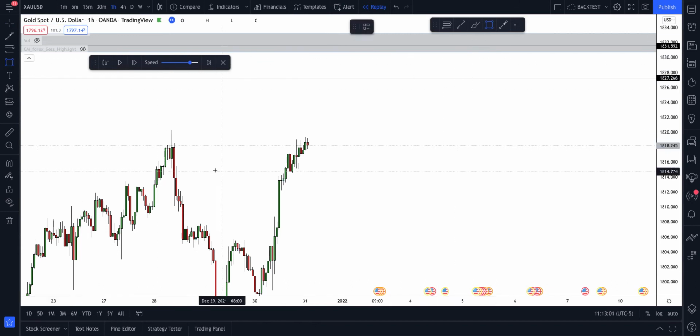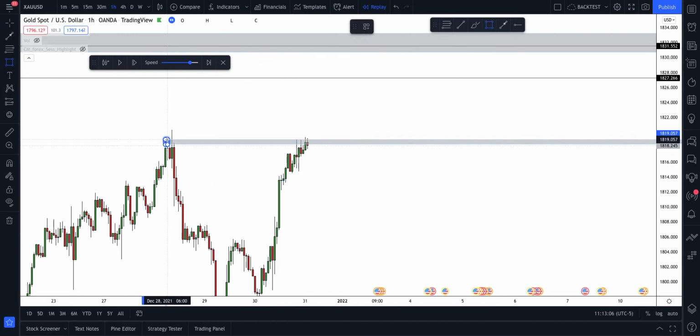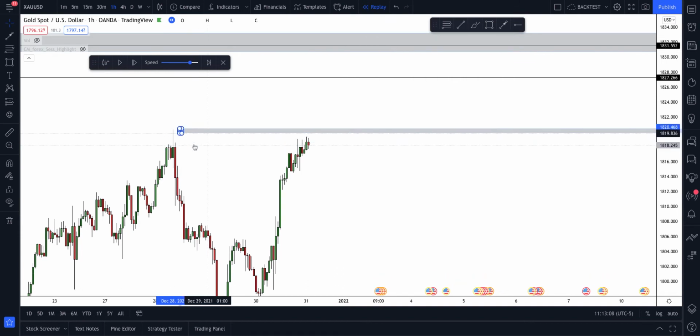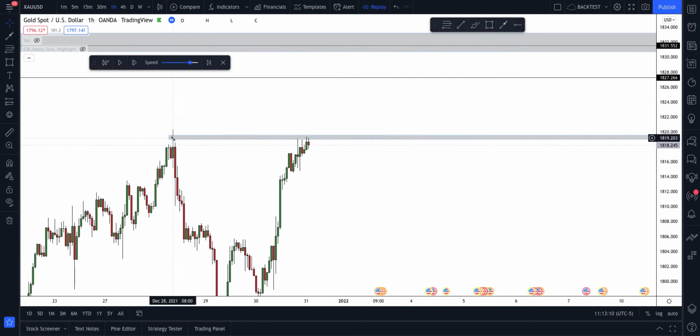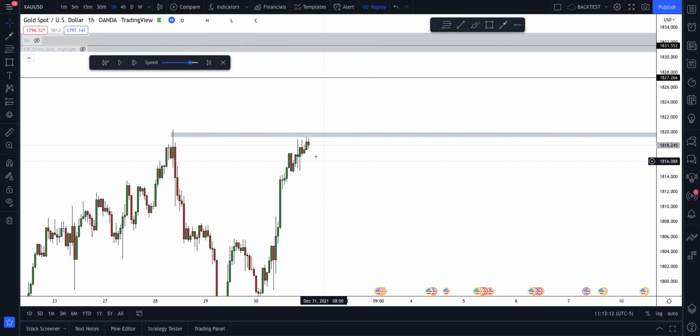So from this zone, on this zone, price kind of closed bullish, and this was the previous high and dropped. Finally, price is coming in, buyers taking in.